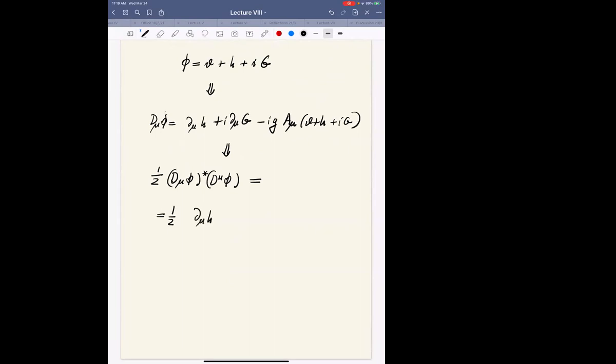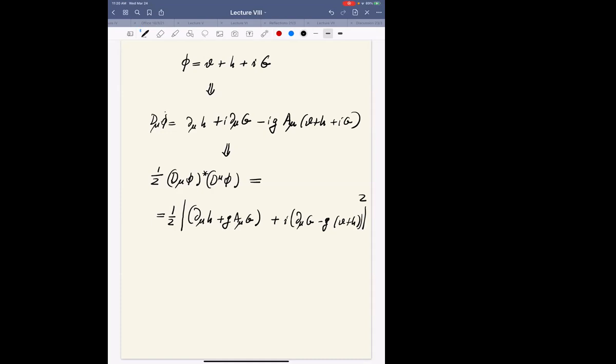D mu h plus g A mu G. I write the real part plus i D mu G minus g v plus h, absolute value squared.